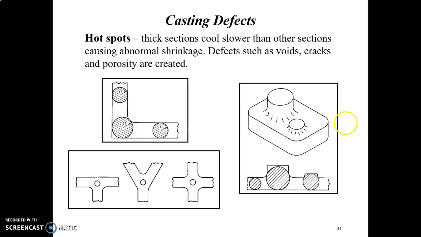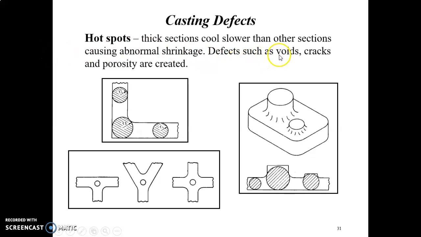Okay, this is some examples of design showing the importance of maintaining uniform cross-section in casting to avoid hot spots and shrinkage. With a hot spot, the thick section cools slower than other sections, causing abnormal shrinkage.